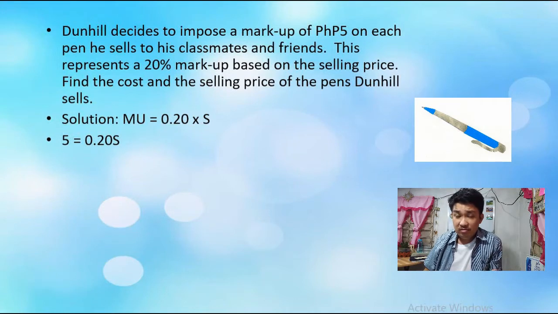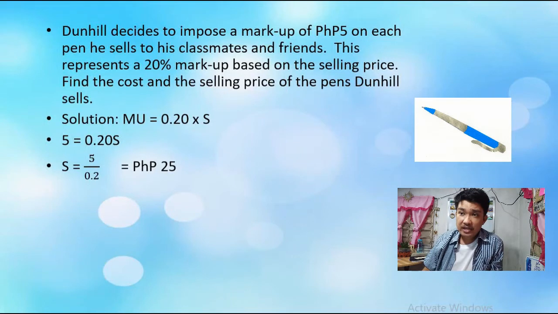So take note that 5 pesos is equal to 20% markup. So 5 is equal to 0.20 S. So S is equal to 5 over 0.2, which is equal to 25 pesos.